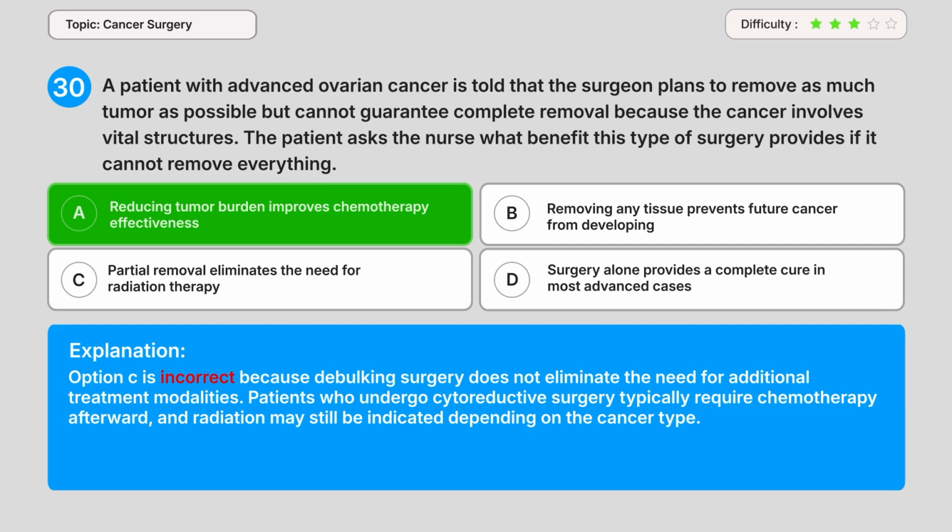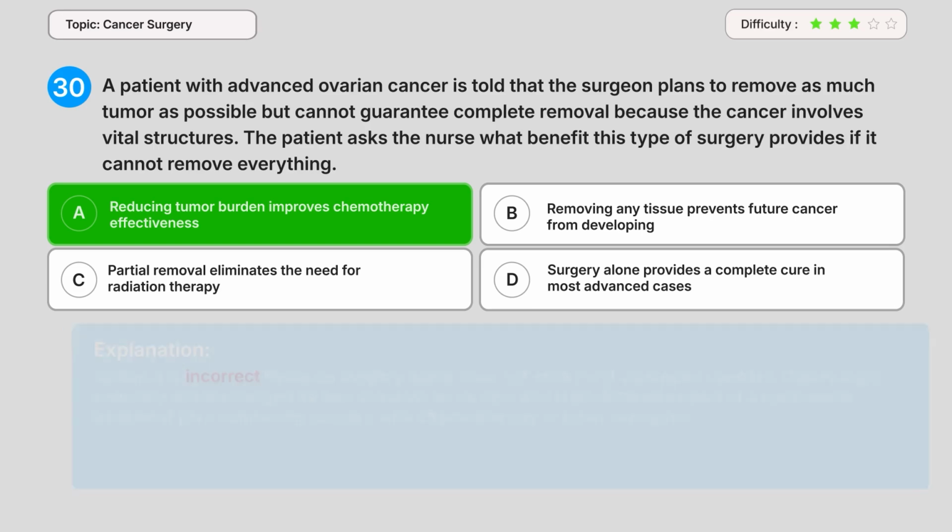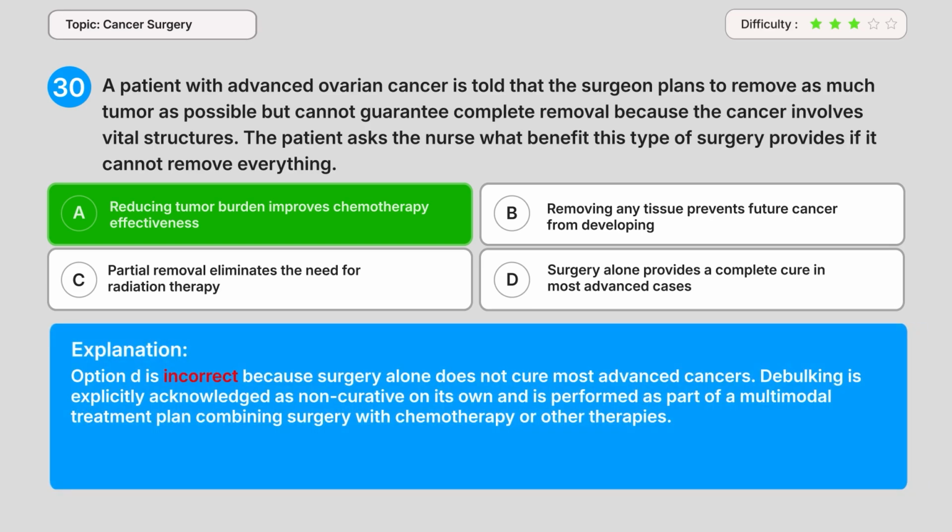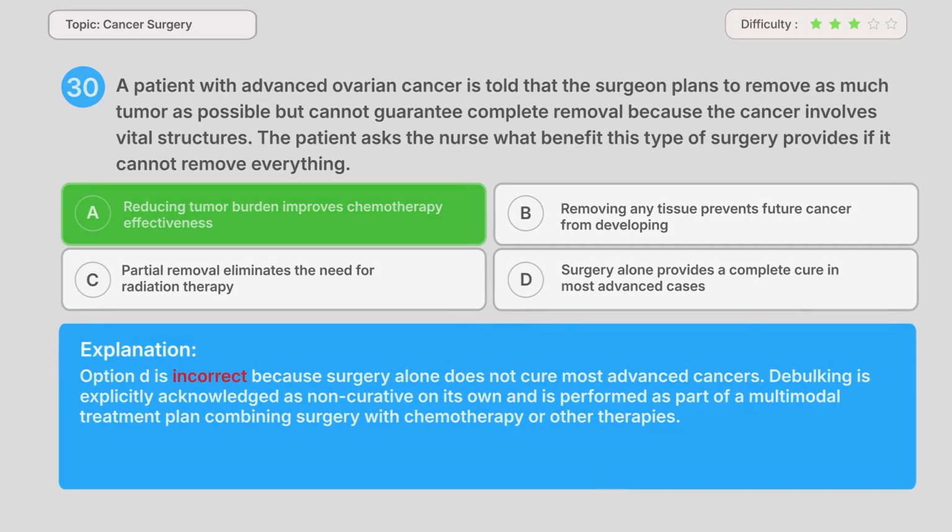Patients who undergo cytoreductive surgery typically require chemotherapy afterward, and radiation may still be indicated depending on the cancer type. Option D is incorrect because surgery alone does not cure most advanced cancers. Debulking is explicitly acknowledged as non-curative on its own and is performed as part of a multimodal treatment plan combining surgery with chemotherapy or other therapies.